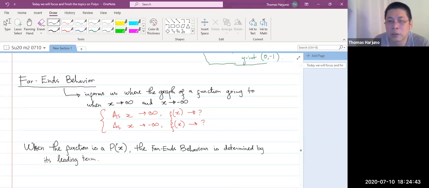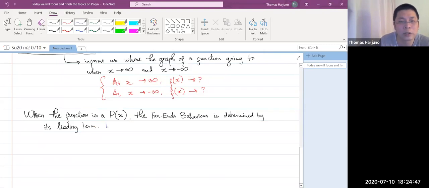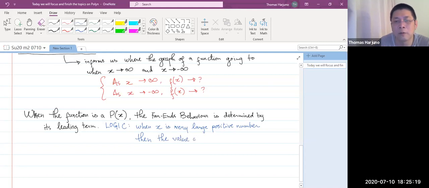The logic is this: when x is a very large positive number, the value of the leading term becomes very dominant.